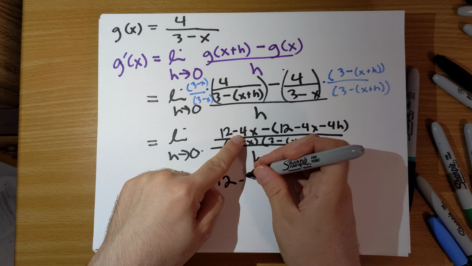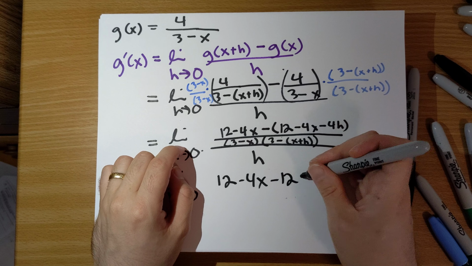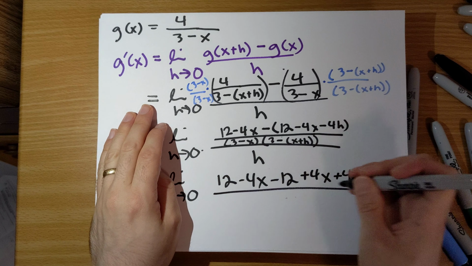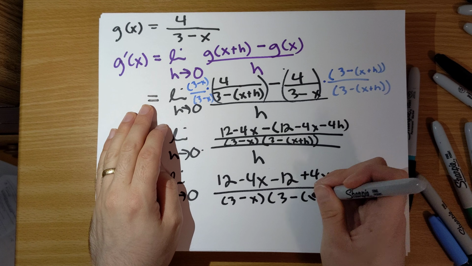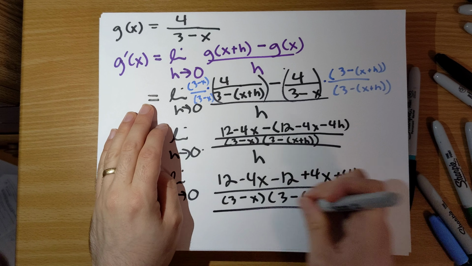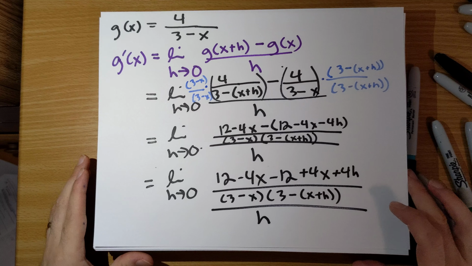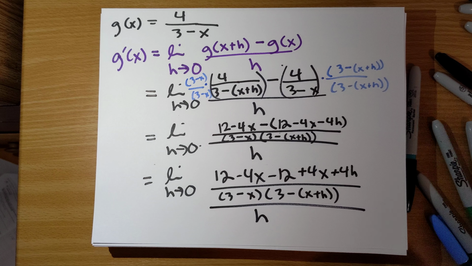So 12 minus 4x, distributing out this negative sign, negative 12 plus 4x plus 4h. All of that over 3 minus x times 3 minus x plus h. All of that over h. Okay, now is the point where we should be looking for some cancellations to happen.